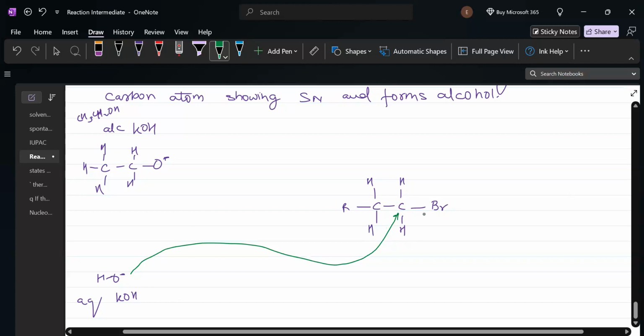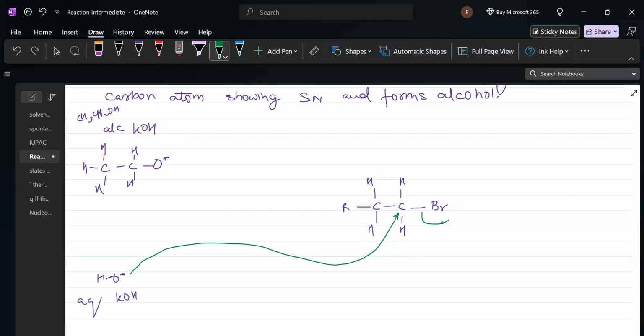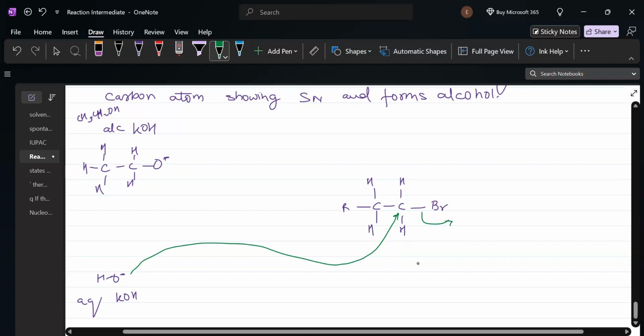This bromine will just leave, and the product will be formed as RCH2CH2OH. No problem.